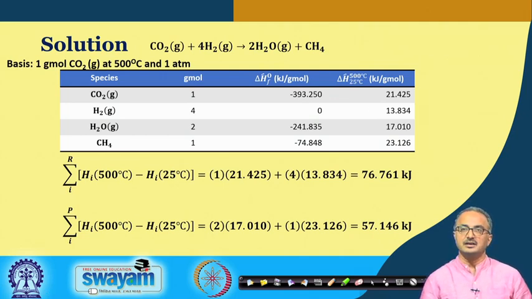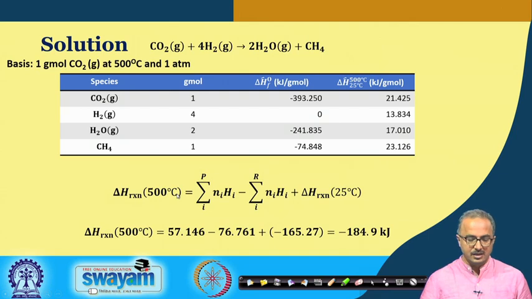That specific heat data can also be obtained from the data table in the references I have given at the end of the lecture. You can find these sensible heat terms, and ultimately you find the heat of reaction by combining all the terms together, and you can see the difference between the standard heat of reaction and the heat of reaction at some other temperature.